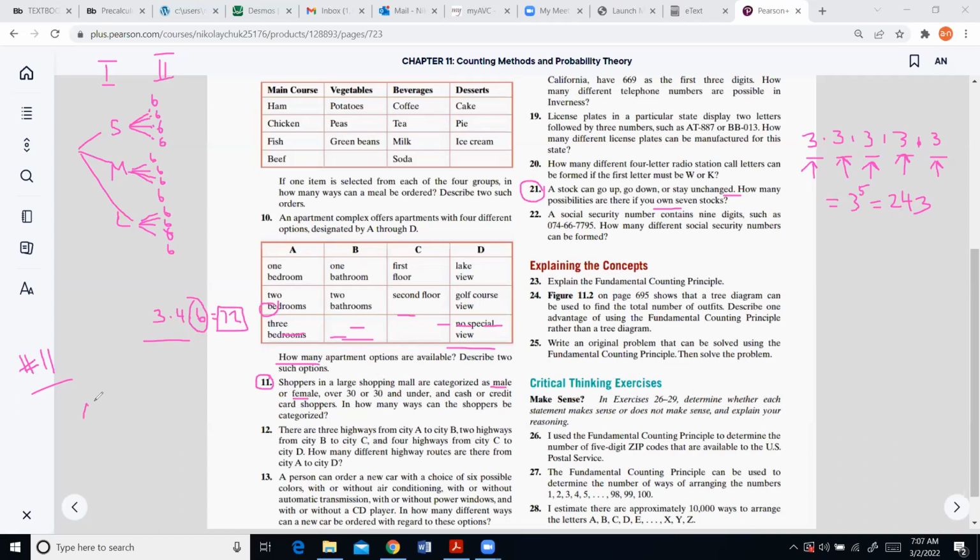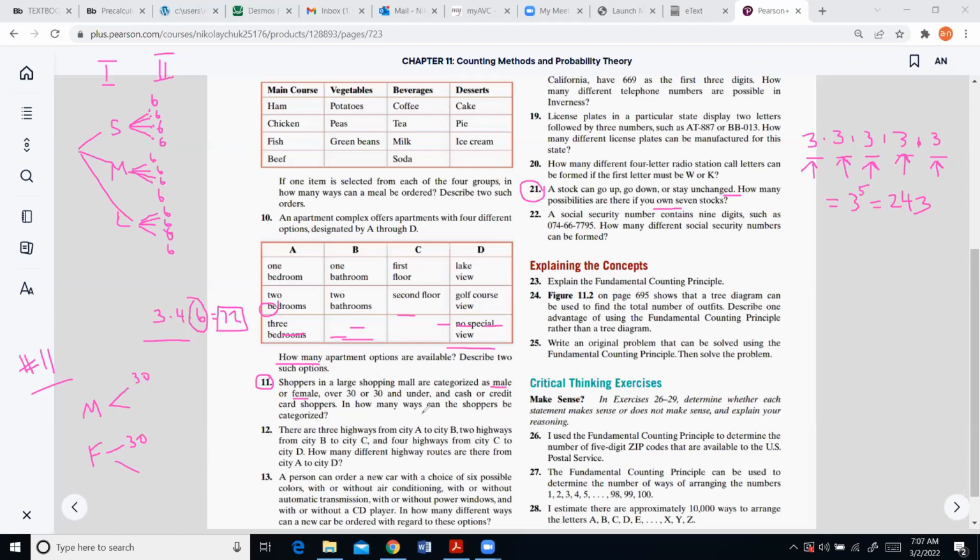So there are two possibilities, male, female, and then there is over and under 30. Over 30 or under. And here's again, over 30 or under.